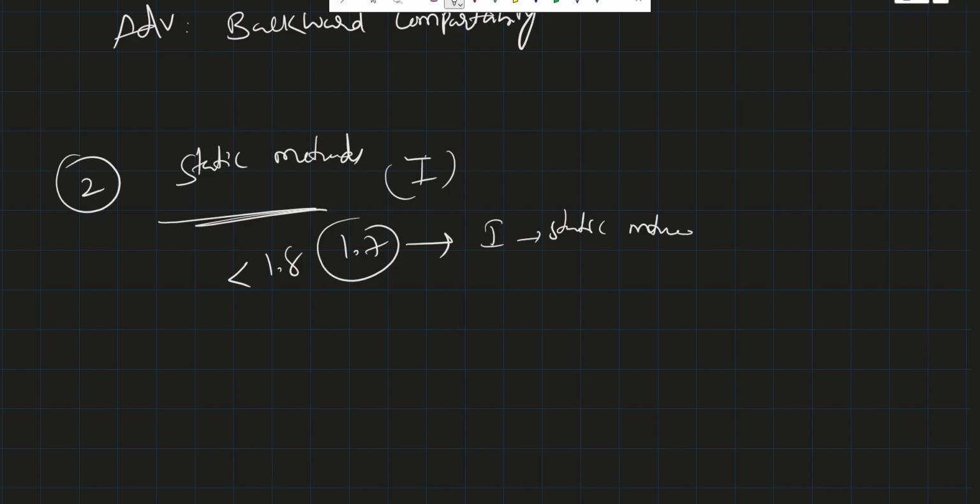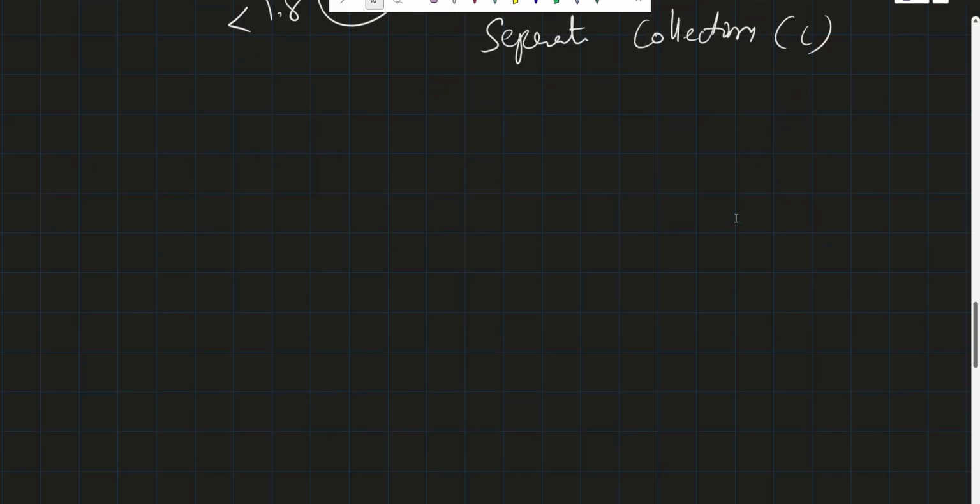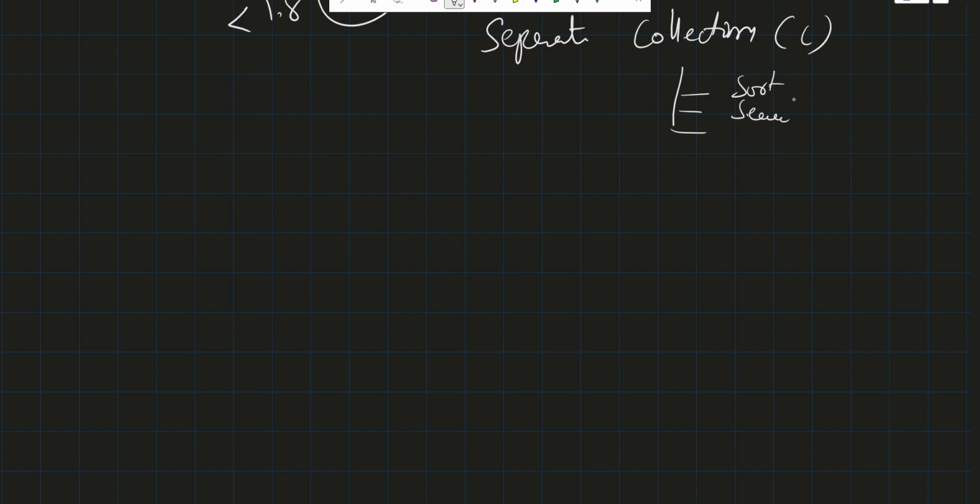Due to this, we have a separate class, Collections. Okay, this Collections class they defined separately, and they have added common utility methods like sort, search. Those kinds of methods are added, and they reuse these properties in the collections.